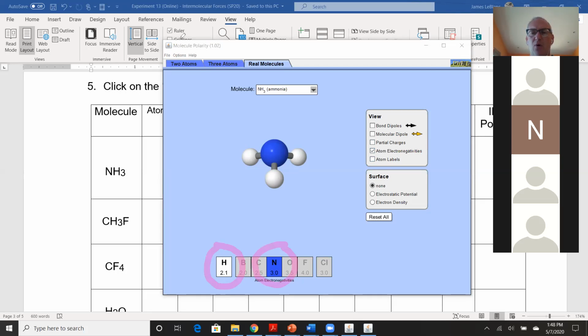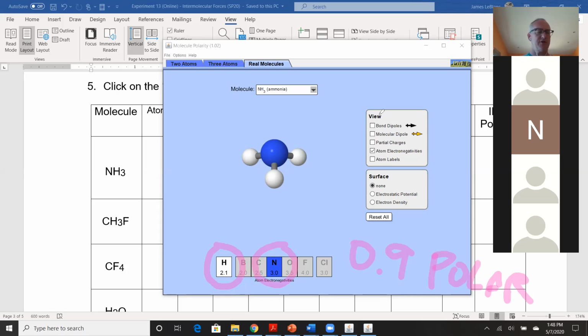So is that going to give us polar bonds or non-polar bonds? Polar, right? It's more than like 0.4, 0.5. It's like a 0.9 difference, so that's going to give us polar bonds. When we look at the bond dipoles, what direction are they going to be pointing in?